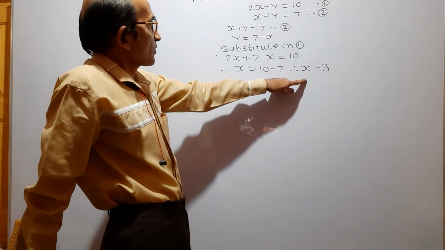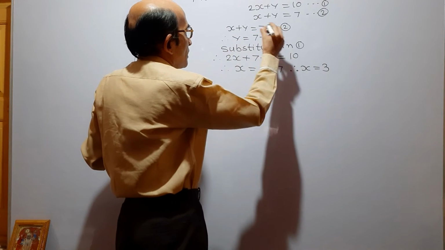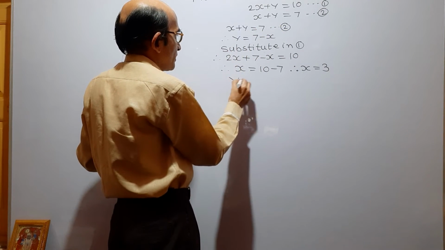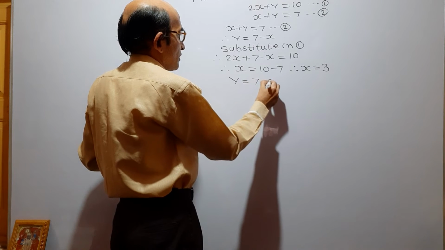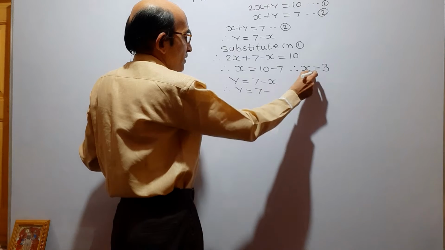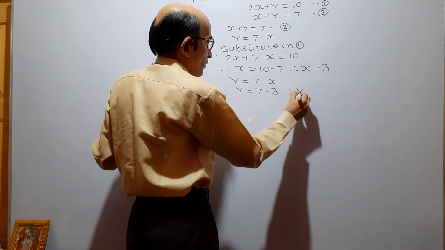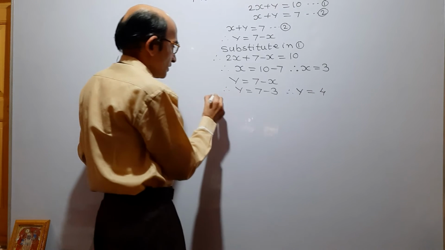This value of x we substitute in this equation, y equal to 7 minus x. So y equal to 7 minus 3. Therefore, y is equal to 4.